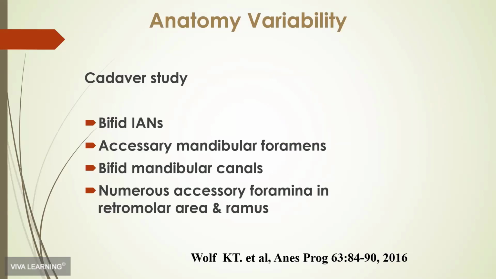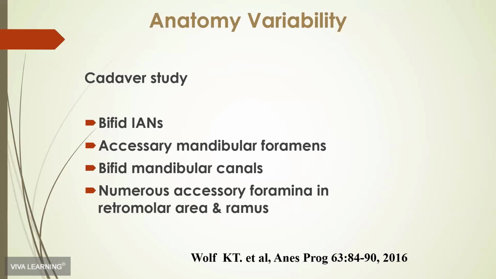Another anatomical study that was done somewhat recently looked at the anatomy of both the inferior alveolar nerve and the canal that it goes into. It showed that there are many people who have two inferior alveolar nerves and bifid canals as well. You have two canals, two openings, and there are accessory openings on the alveolar ridge on the lingual side.